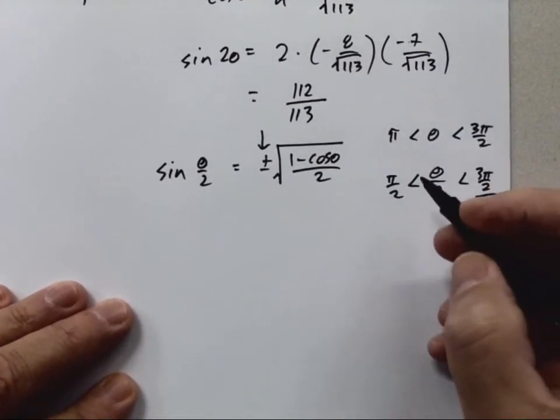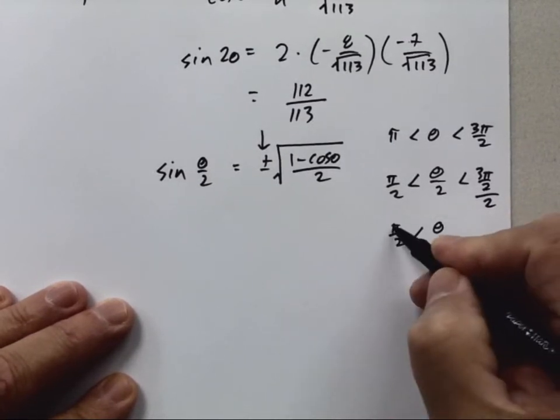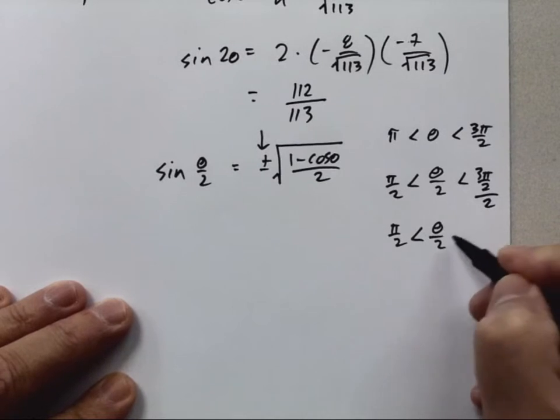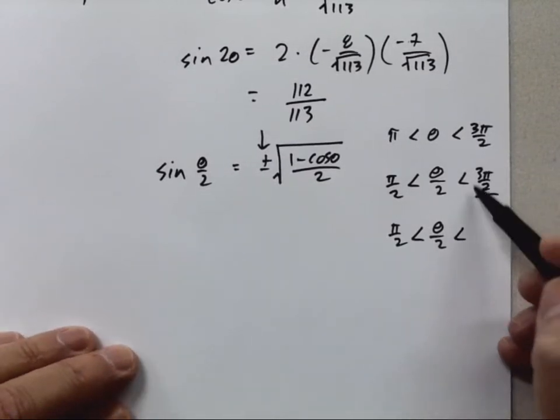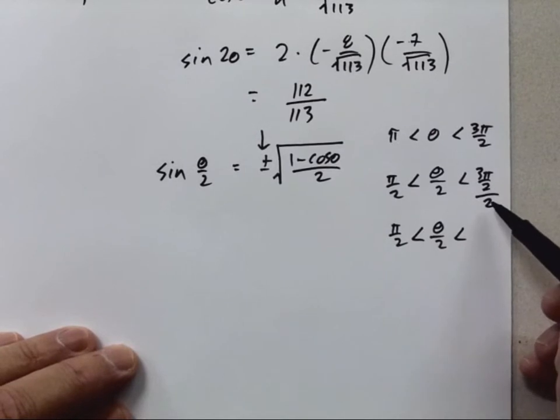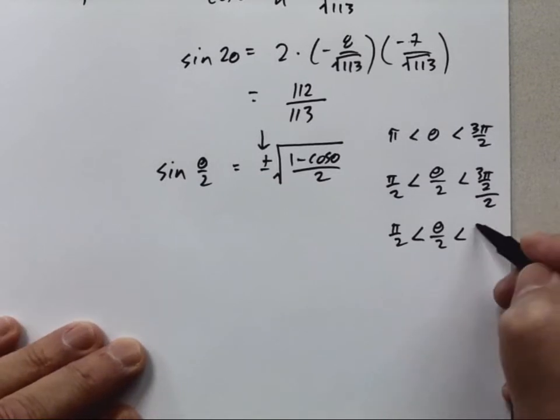Now these two are pretty straightforward, right? Theta over 2, pi over 2, theta over 2. Here we go again. All right, but we know how to do this now, right? A fraction over a number. What's the shortcut? You take the number times this denominator.